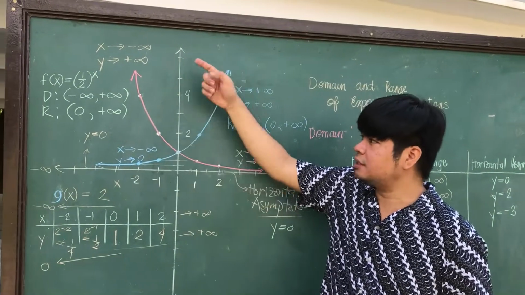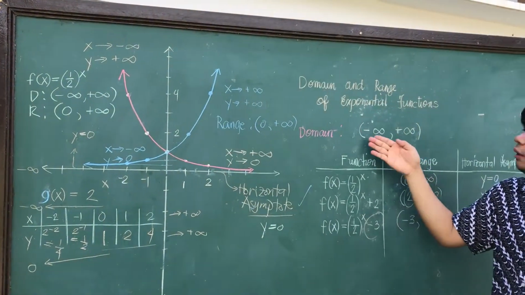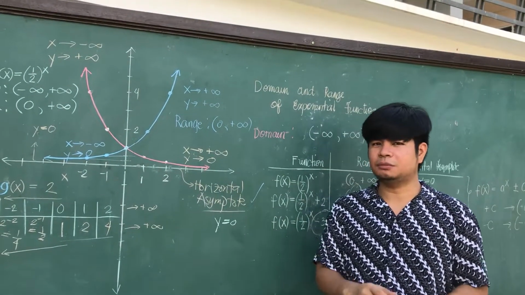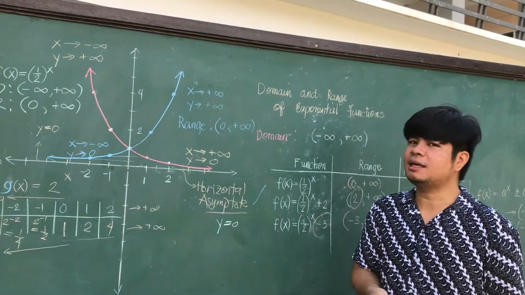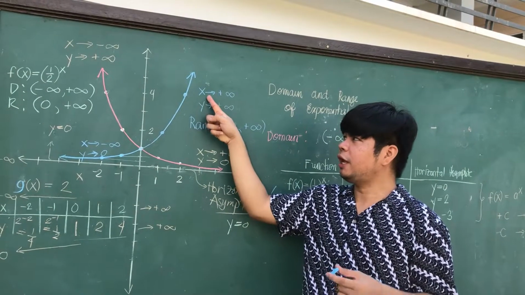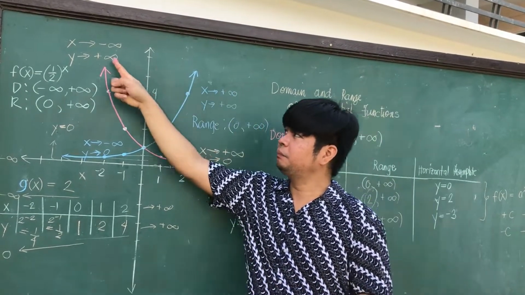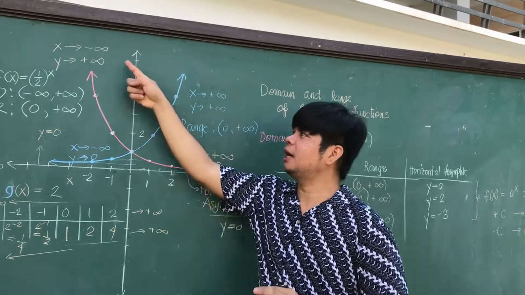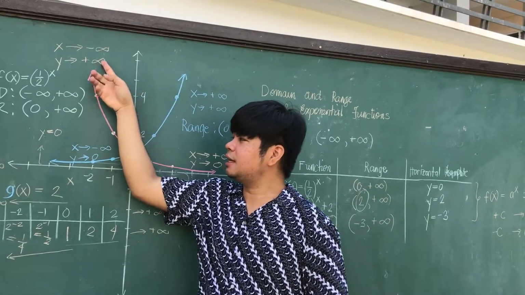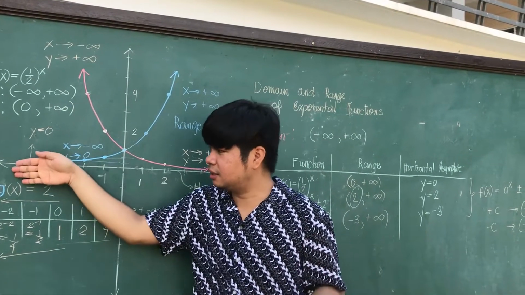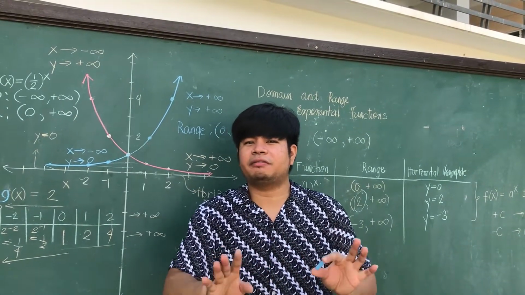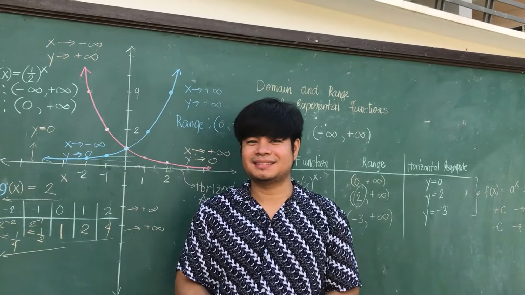They both increase, these two. Okay? They also have the same domain and they have the same horizontal asymptote. Only that their difference is the behavior. That when x keeps on increasing here, y keeps on increasing. But the other, when x decreases, you see it's decreasing here, y increases. So they have a different behavior on that case.